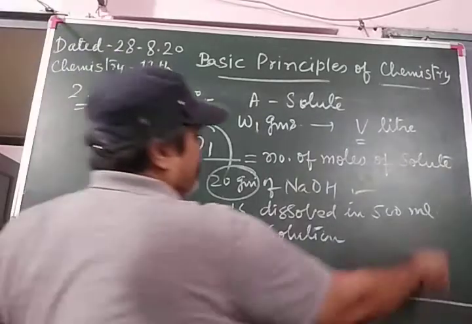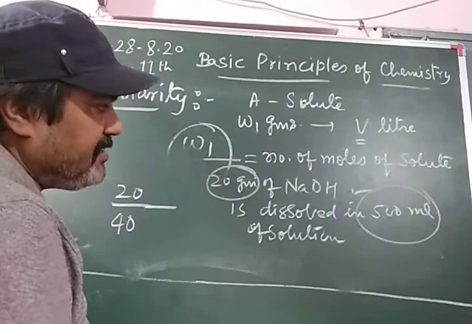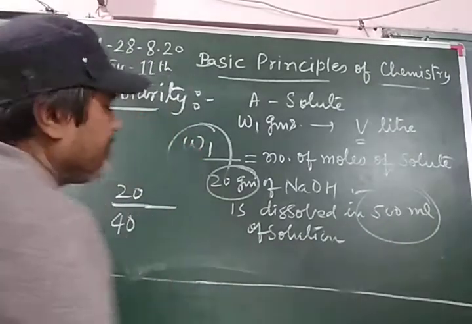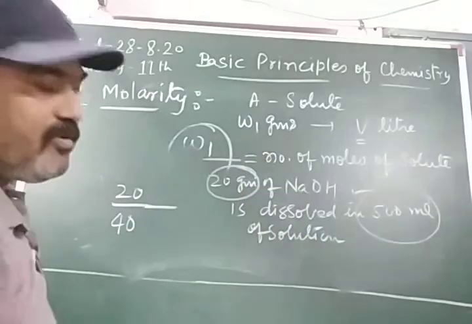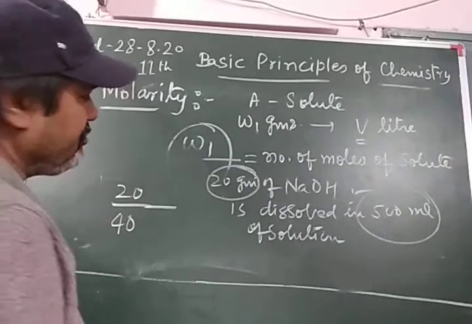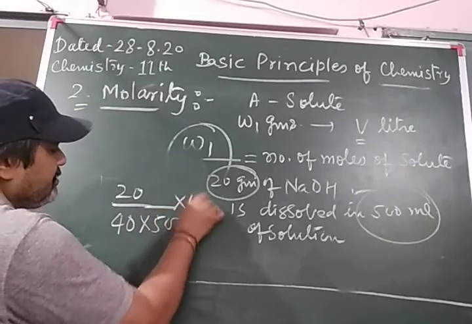Now this is dissolved in 500 milliliter of the solution, and I already said that if the volume of the solution is taken in milliliters, then divided by the volume multiplied by 1000, this will be the molarity of the solution.